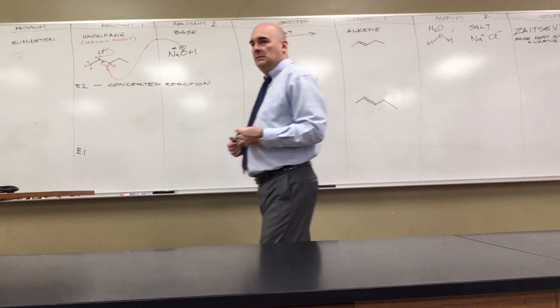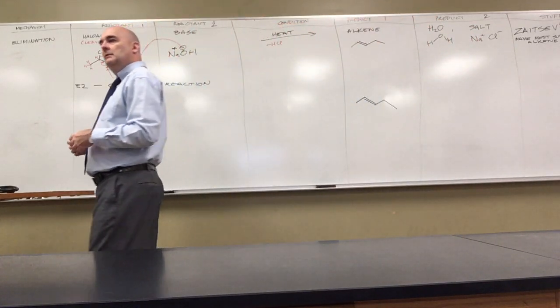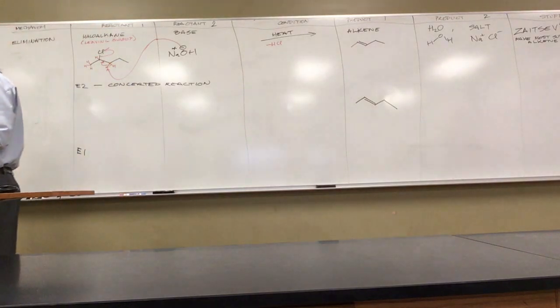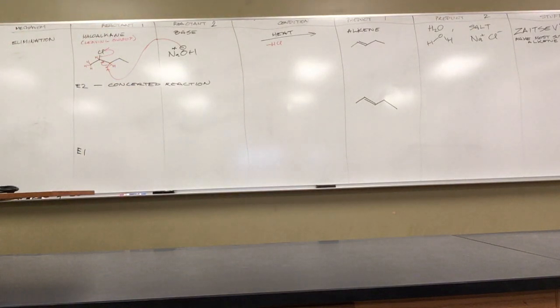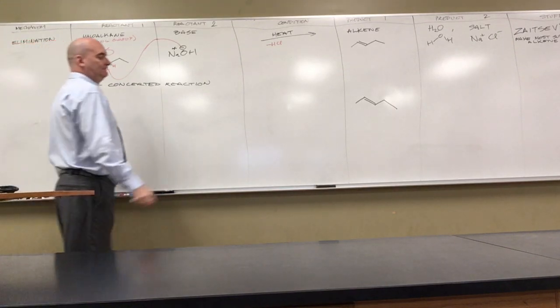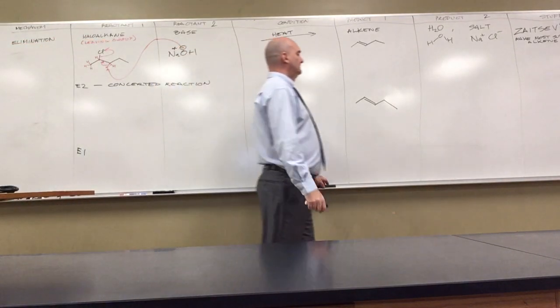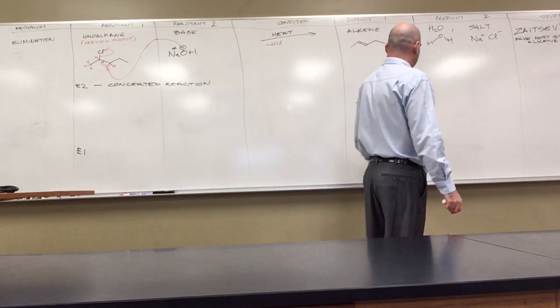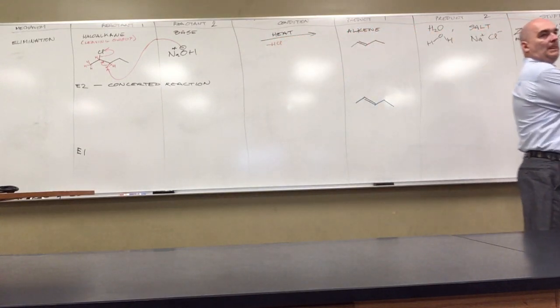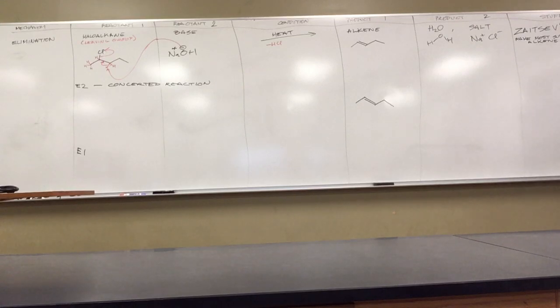And then instead of losing the H and the leaving group in one go, you lose the leaving group, and then you lose the vicinal H, but you still make the same product. Everything else can be different.